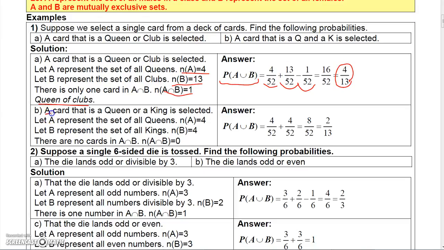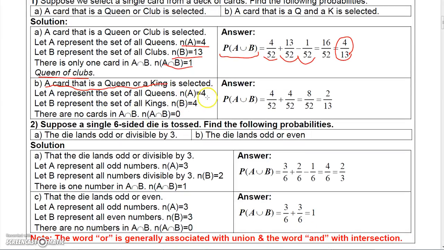The next example is an example where there's no intersection. Here I want to know the probability that a card is a queen or a king. Again, there's 4 ways we can get a queen. Likewise, there's 4 ways we can get a king, and there's no way that I can get a card that is both a queen and a king.